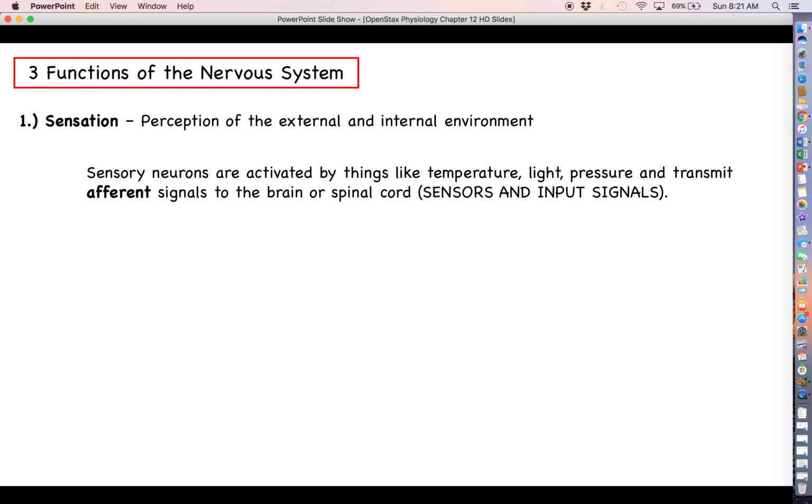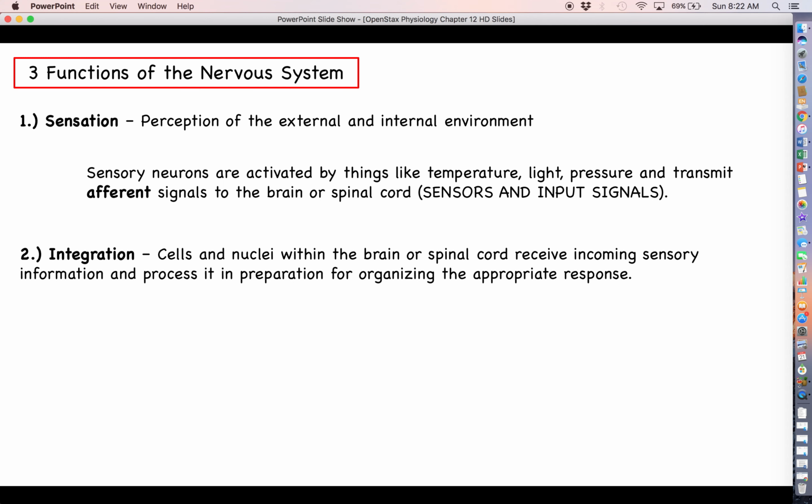These sensory neurons can be activated by things like changes in temperature, light in the case of photoreceptors, changes in pressure, and things of that nature. And when they are stimulated by these things, they transmit afferent information, so they fire action potentials through their axons, and that carries the afferent signal to the brain or to the spinal cord, whichever one is going to be our control center here.